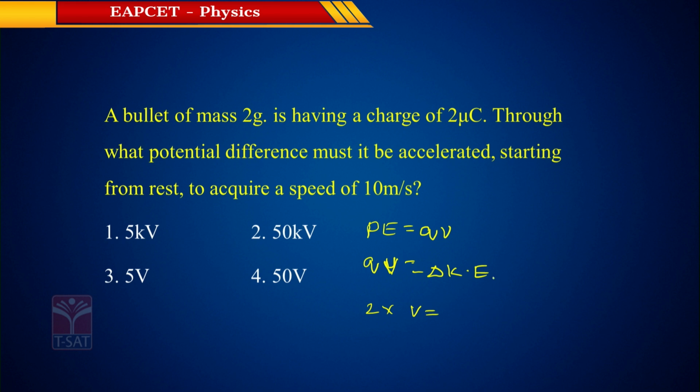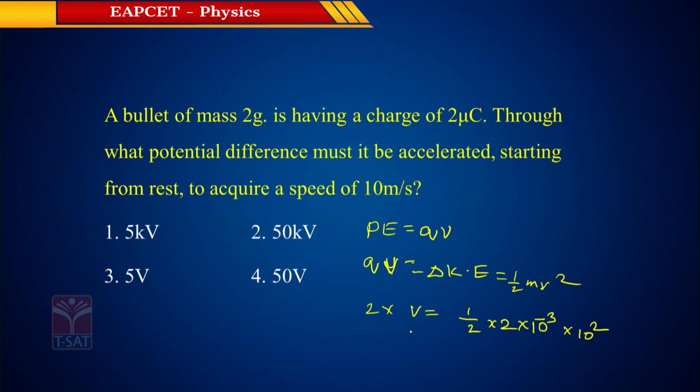Kinetic energy, you know, is half m v square. Mass value, children? 2 gram is there; convert to kilogram, 2 into 10 to the power minus 3. And the speed is given, v square, 10 square. Then you find out the v value.